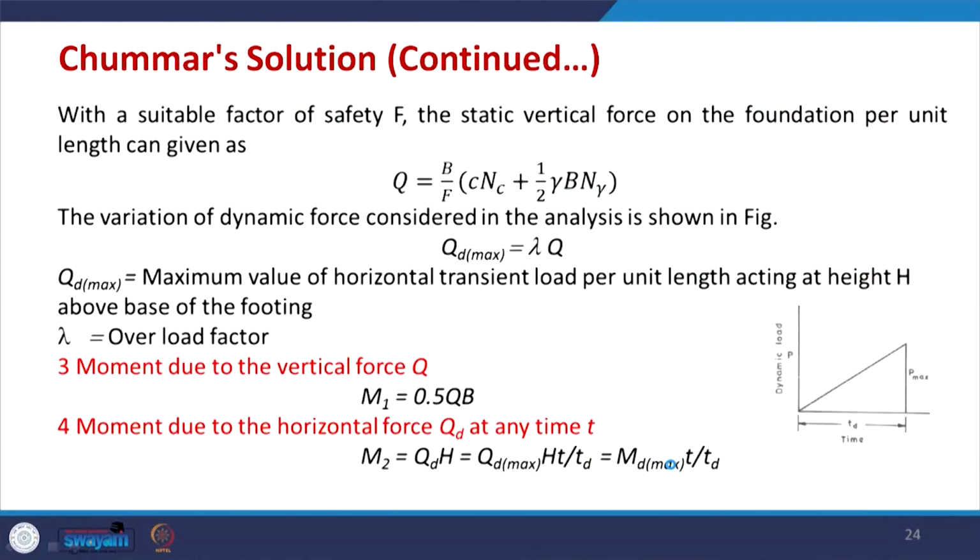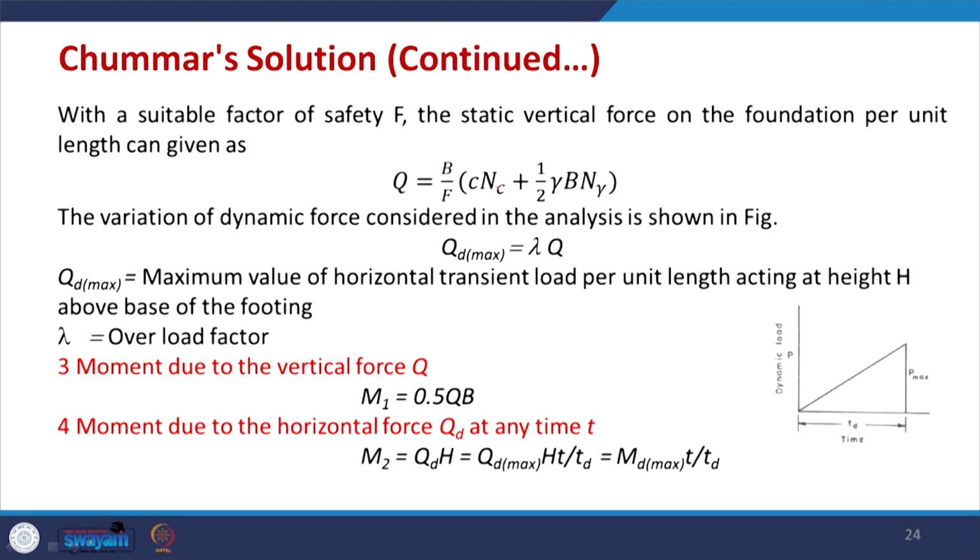Okay. Now, we continue with the other moments which are acting. Once N_c and N_gamma are known, you can calculate the load which can be applied. With the factor of safety F, the static vertical force on the foundation Q is nothing but B multiplied by (C N_c plus 0.5 gamma B N_gamma) divided by the factor of safety F, and Q is known.